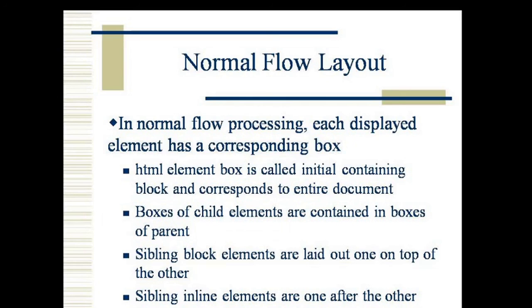Sibling block elements are laid out one on top of the other, and sibling inline elements are one after the other. Here we can assume the whole design can be shown with the help of the normal flow layout. There can be many layouts, but the most impressive one is the normal flow layout.